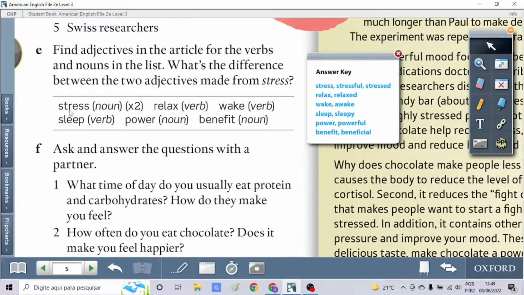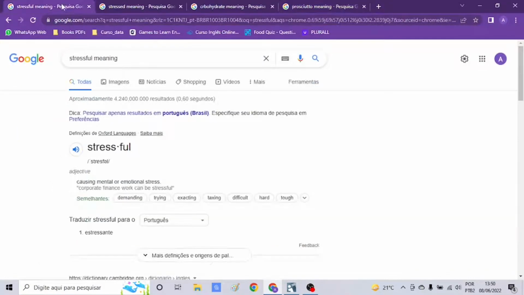Okay, so we have here stress. We have the words stressful and stressed. Here it's important to see the difference between stressful and stressed. For example, stressful: causing mental or emotional stress. Usually, a situation or something is stressful.